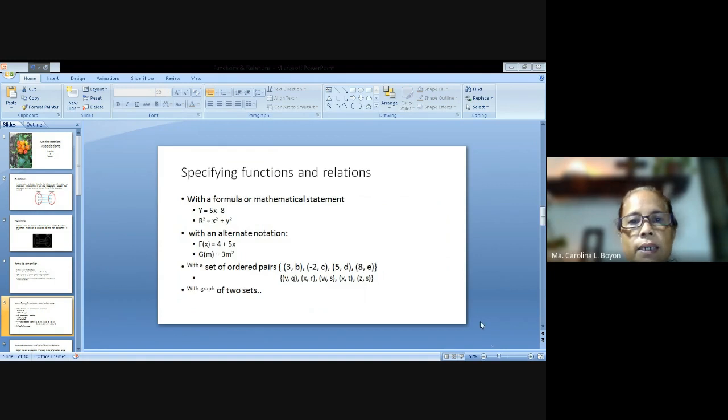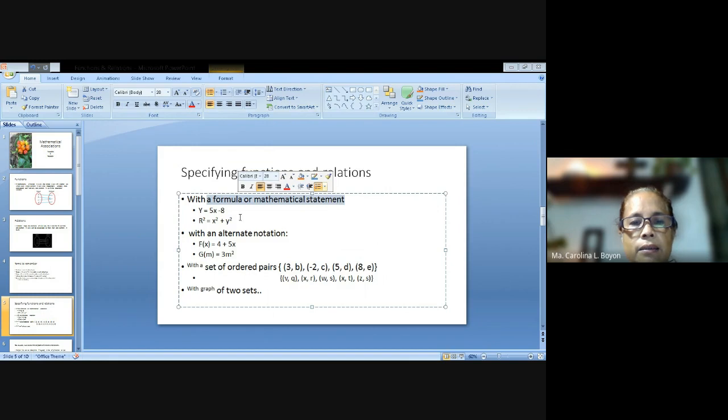Okay, so let's look at how one can specify functions and relations. We can either use a formula or a mathematical statement. An example is y is equal to 5x minus 8, or r squared is equal to x squared plus y squared. Or we can use an alternate notation where we use f of x is equal to 4 plus 5x.